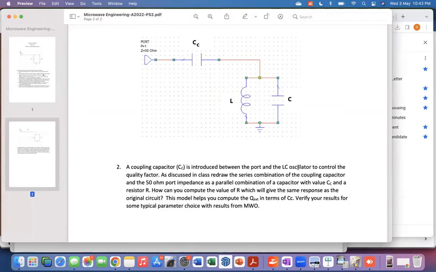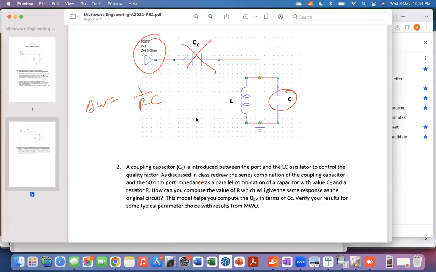So the main purpose of this problem is that we are going to consider a method to increase the sharpness of the resonance. Because remember that the delta omega, which is the width of the resonance, is only related to the R and C for the simple case where this did not exist, which is the one we just looked at.